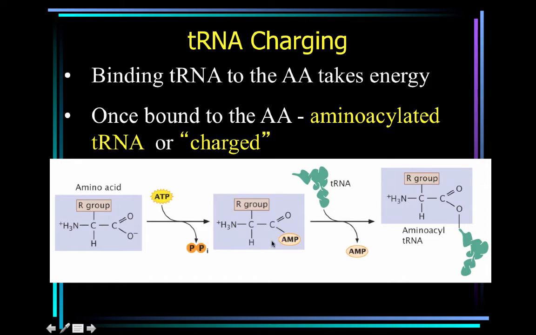So that's where we're losing energy and/or losing phosphate. So we're losing negative charges so that this tRNA binding can actually come together. And the product of this is we end up with an adenine monophosphate because there's only one phosphate group left.